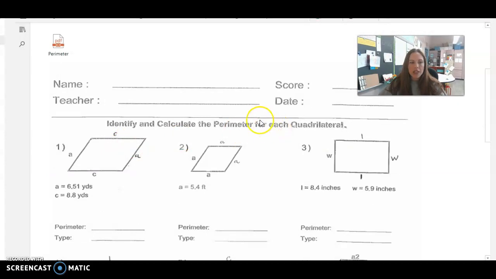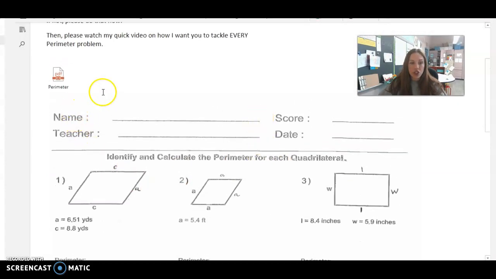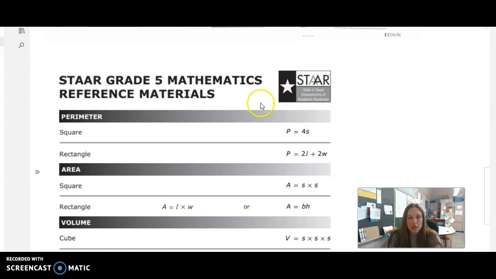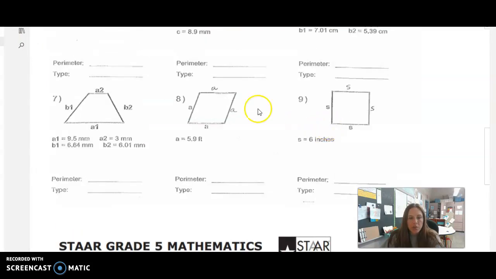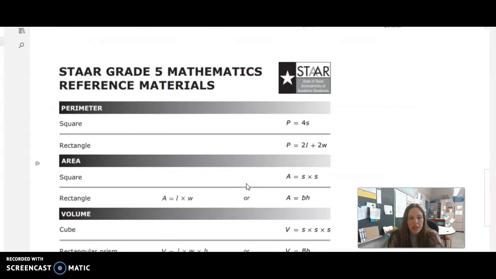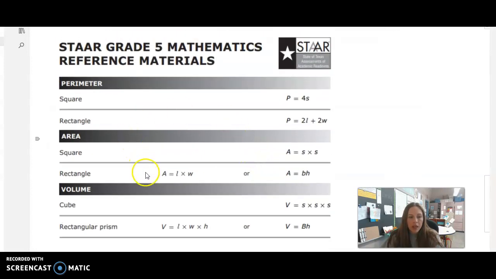If you were in my class, you would have a STAR reference sheet. So I included a reference material sheet below your practice. So this is what the formula STAR reference materials looks like. And when you look at the formulas for perimeter, they can be a little confusing. So this is what I want you to do whenever you get your benchmark or you get your STAR test.